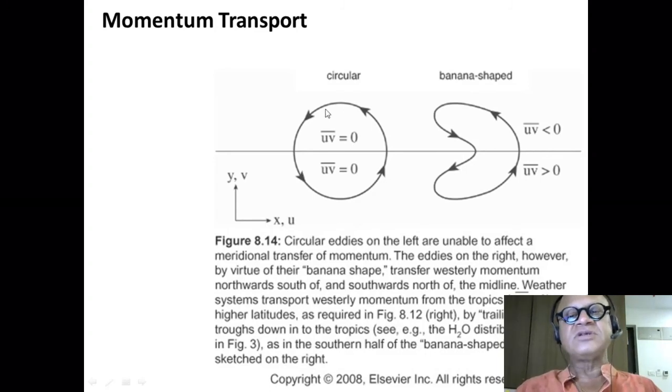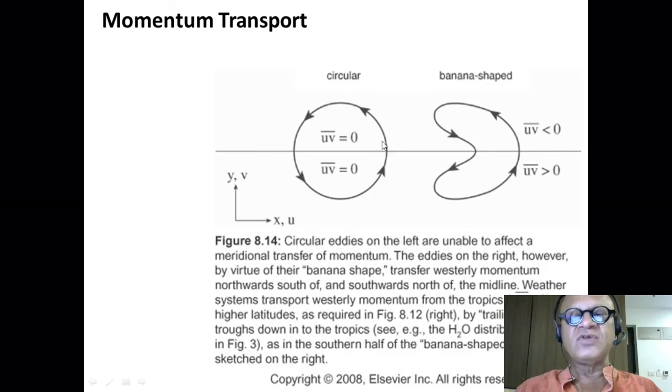If you had just a circular eddy, then u is positive here, v is positive here, so average momentum being carried is positive. Same amount of negative momentum would come in. So across this latitude line, you would basically get no net transport, and the same thing happens here.